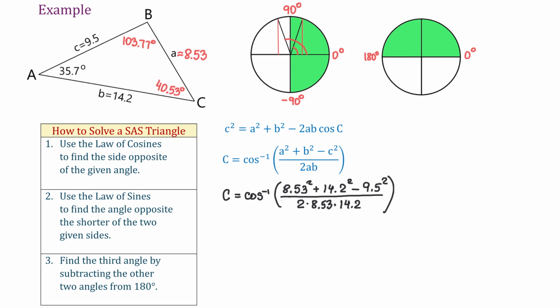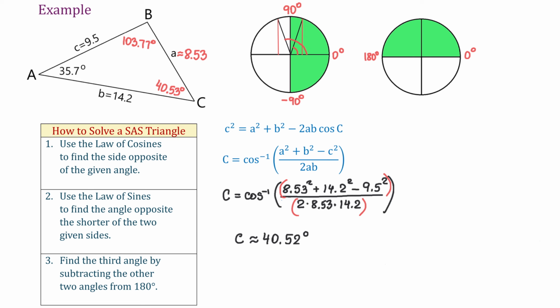And here again, depending on your calculator model, you might need to enclose both the numerator and the denominator in parentheses. So you might need these two sets of parentheses. Then C will be approximately 40.52 degrees. And this is pretty close to the value we got when we used the law of sines.